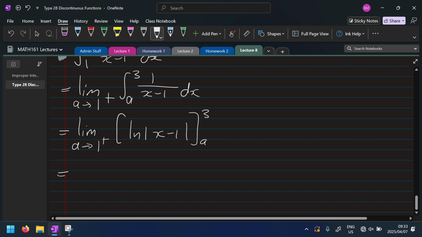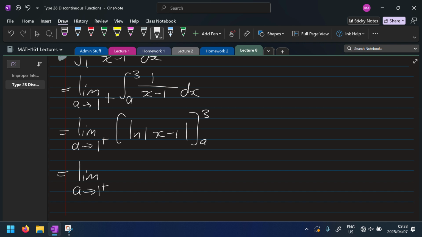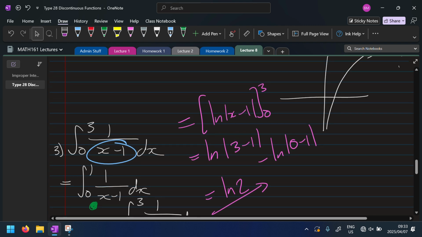So this is going to be the limit as a goes to 1 plus. Here, we put in the 3. We're going to get the natural log of 2 minus the natural log of a minus 1. Now the natural log of 2, that's fine. That's what we had at the beginning here, for the pink part.